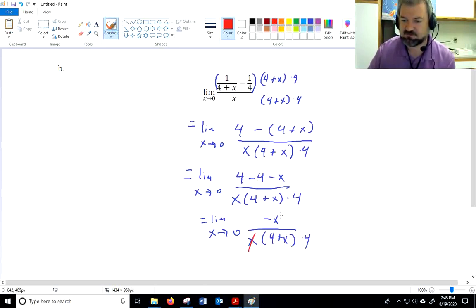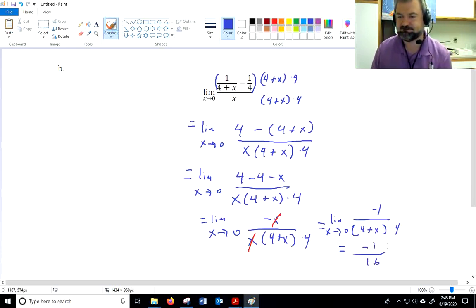And I will reduce to make that a negative 1. So it becomes the limit as x approaches 0 of a negative 1 over 4 plus x times 4. Now I'm going to plug in 0 for x, and I get a negative 1 over 4 times 4, which is negative 1 over 16.